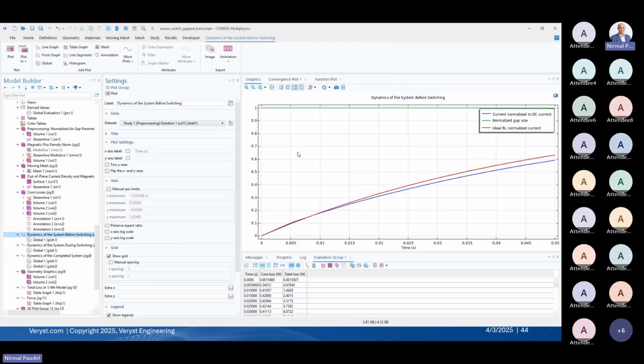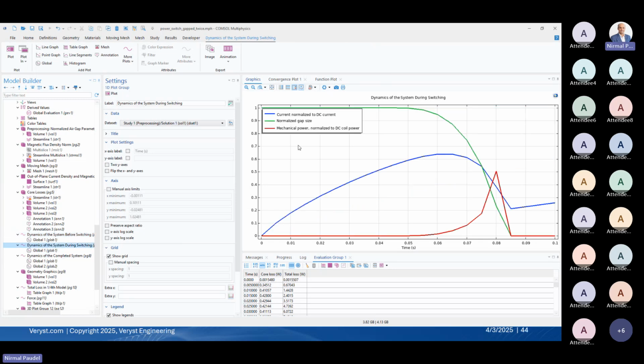On the dynamic side, what we can see here is that the blue line is the gap, normalized, and the other one is the normalized current. In terms of the dynamics, we have the gap in blue and the current slowly increases and reaches the peak. When the plunger is about to move, it draws less current, and the current slowly decreases.